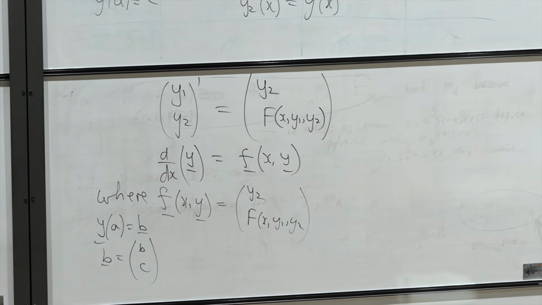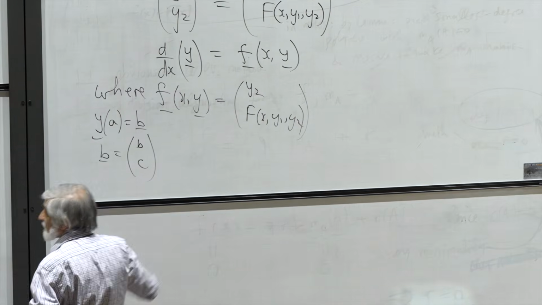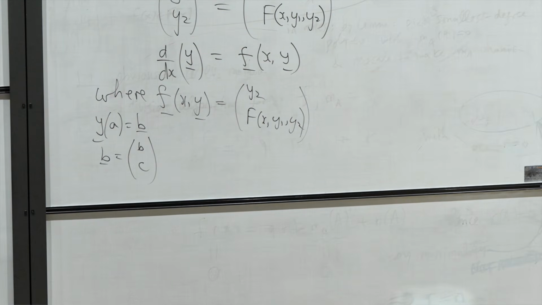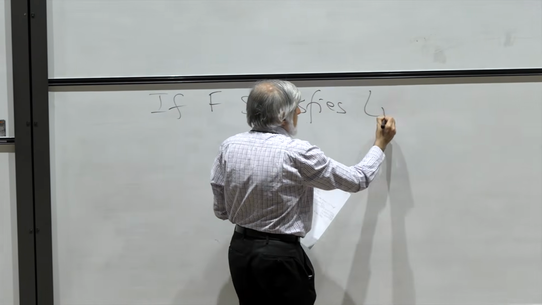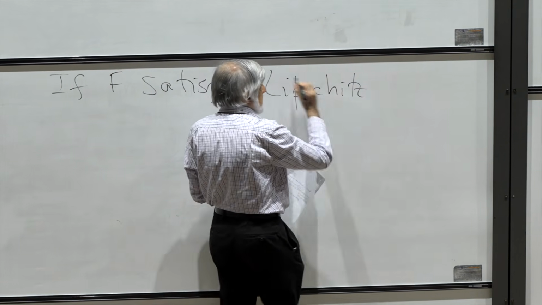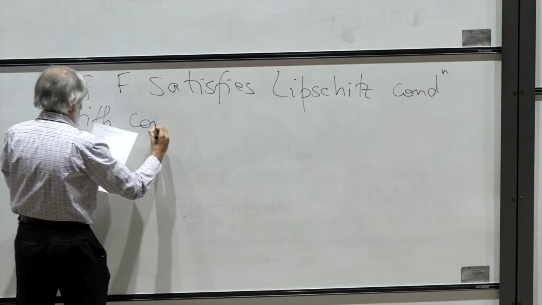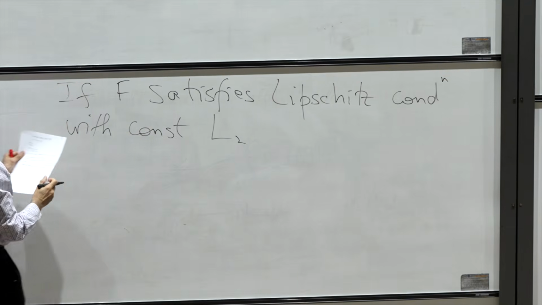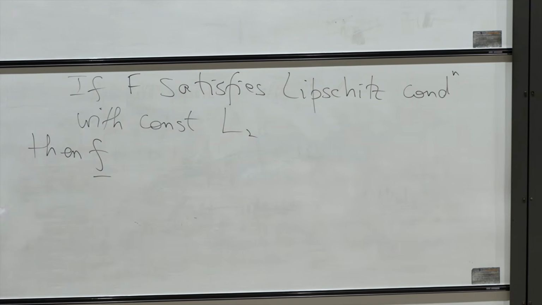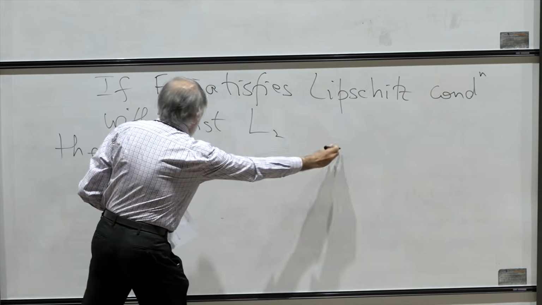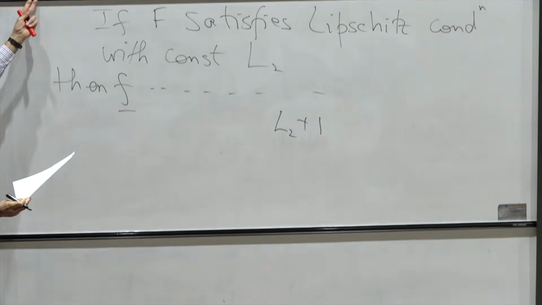Okay, and so now, if f satisfies the Lipschitz condition with constant, say, L2, then the vector F will satisfy the Lipschitz condition with constant L2 plus 1. Why is that?